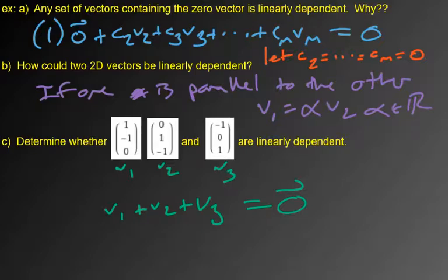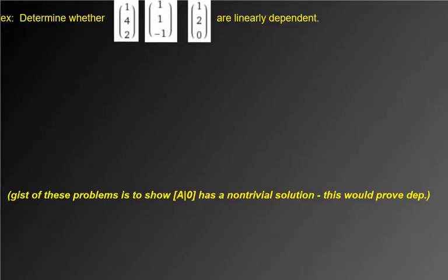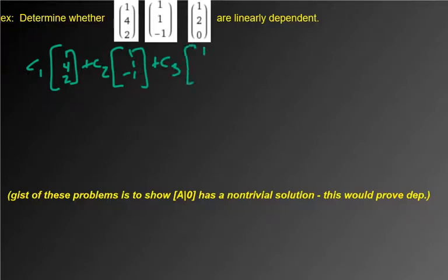Now there is actually a very concrete way to do this, and that's the last thing I want to show you here. If you have this set of vectors, this would be much harder to show whether it's dependent or not. The idea is you want to take some combination of one of these vectors, add to it some combination of the other one, and add to that some combination of 1, 2, 0. And you want to see if you can get 0, 0, 0 out, right?